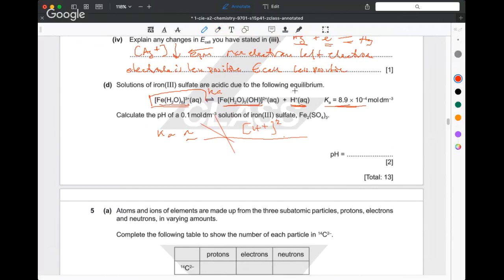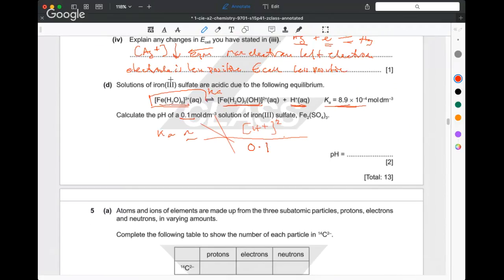So the concentration there was 0.1, wasn't it? Okay, so the acid dissociation constant is approximately equal to the hydrogen ion concentration divided by the original concentration of the ion complex over here.